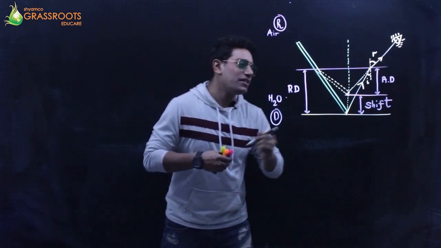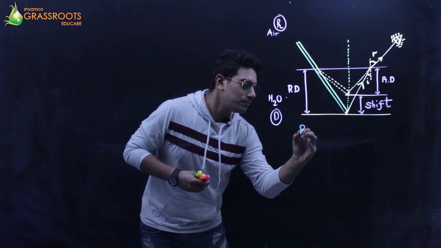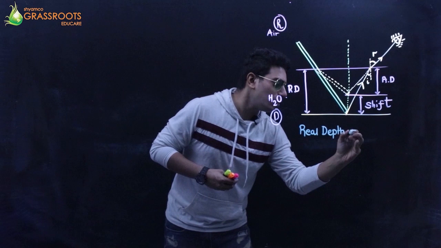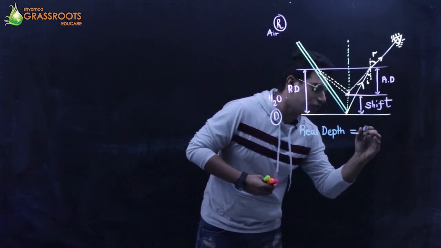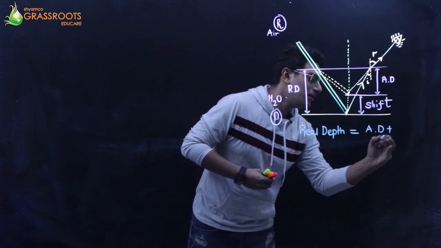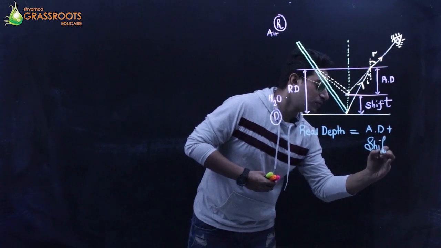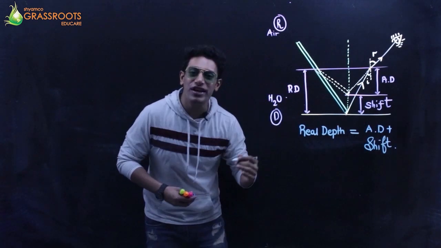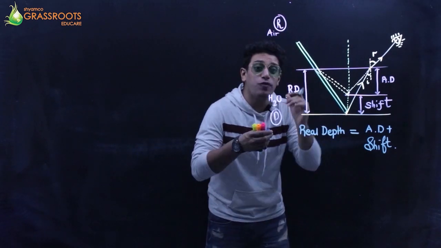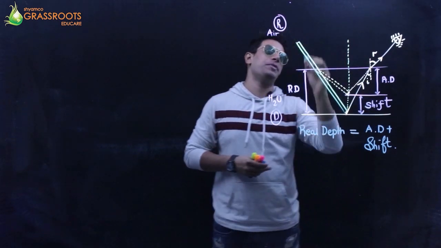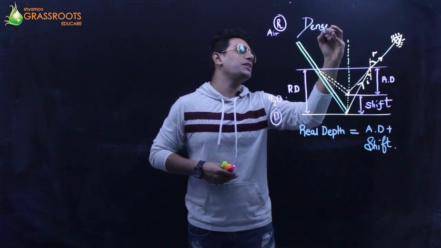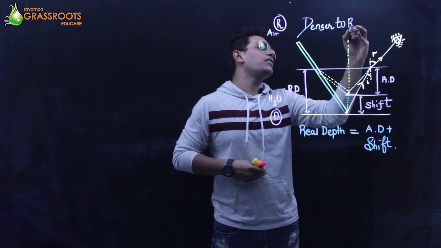We can say that real depth is equal to apparent depth plus shift. I'll just write the shortcut here. Apparent depth plus shift. This is possible when the ray of light is falling from a denser medium to a rarer medium.